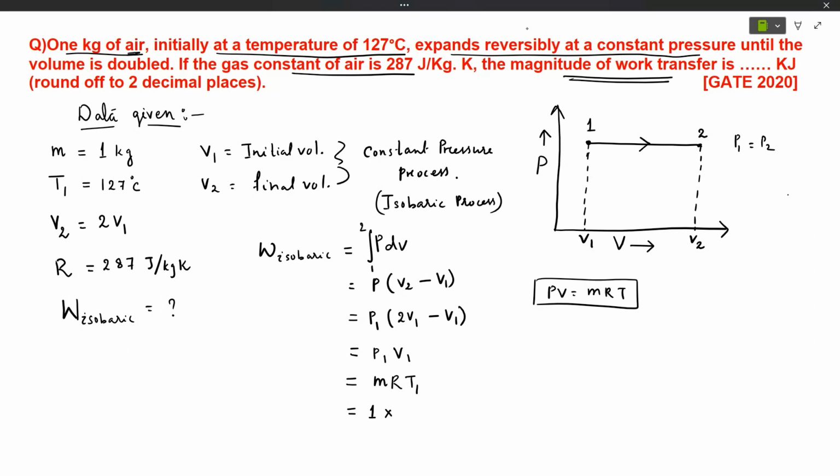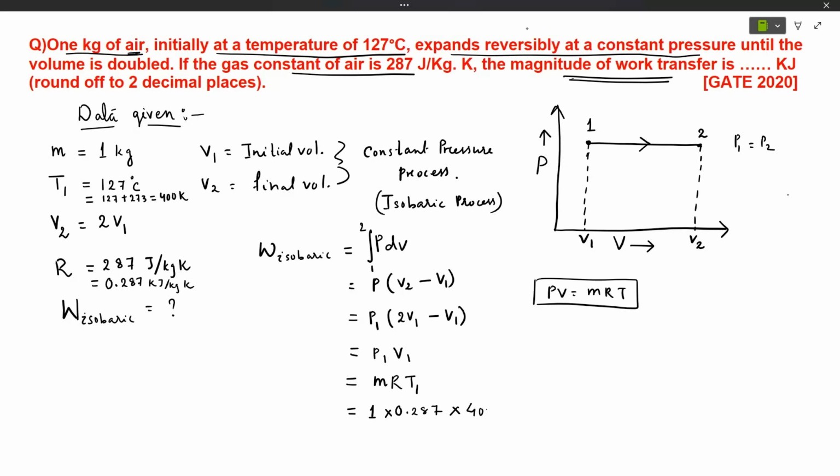Let's convert this into kilojoule per kg Kelvin, that is 0.287 kilojoule per kg Kelvin, times the temperature. The temperature is given in degrees Celsius, that is 127 degrees Celsius. If you convert this into Kelvin, it becomes 127 plus 273, equal to 400 Kelvin. So now substitute T1 as 400 here.